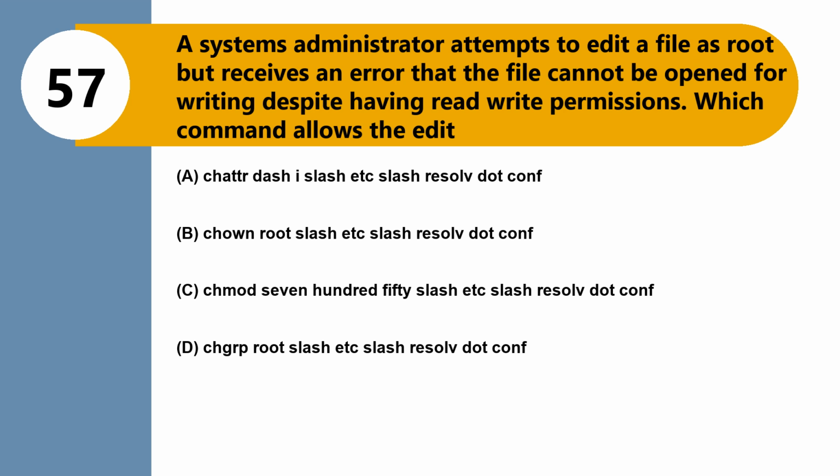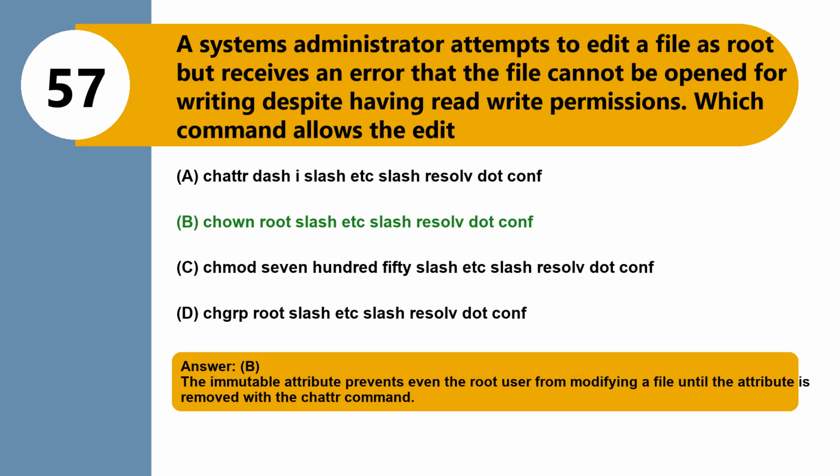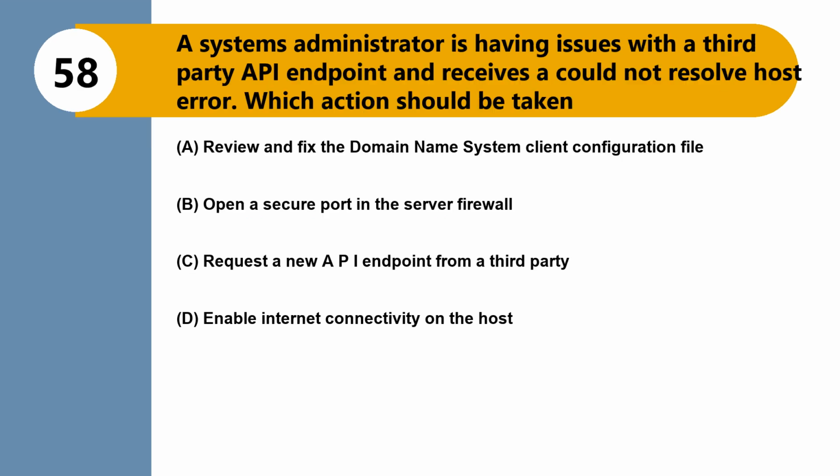Option D, chgrp root /etc/resolv.conf. The correct answer is option B, chown root /etc/resolv.conf. The immutable attribute prevents even the root user from modifying a file until the attribute is removed with the chattr command.